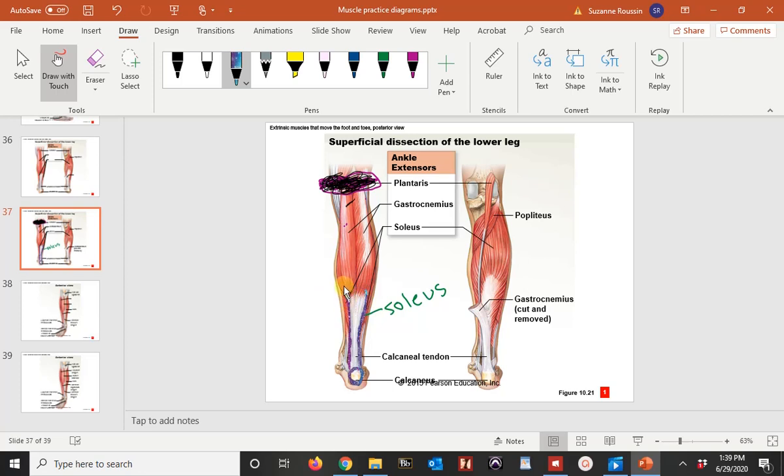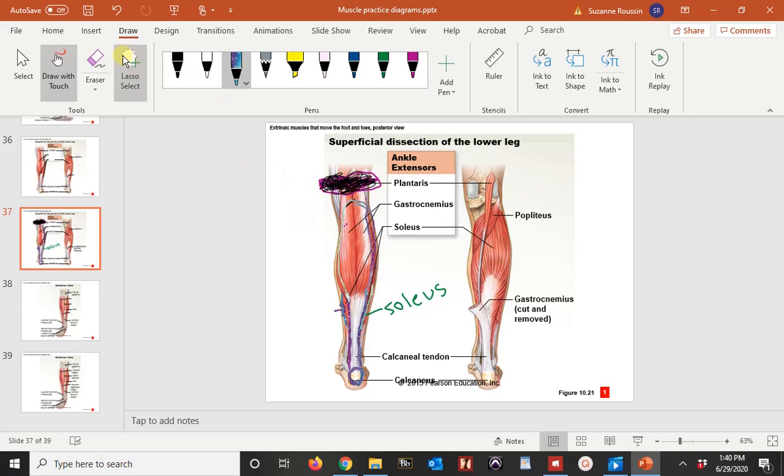And that's actually part of the gastrocnemius up here. So behind this white tendon are these flat parts of the muscle that stick out on either side, and that's the soleus.